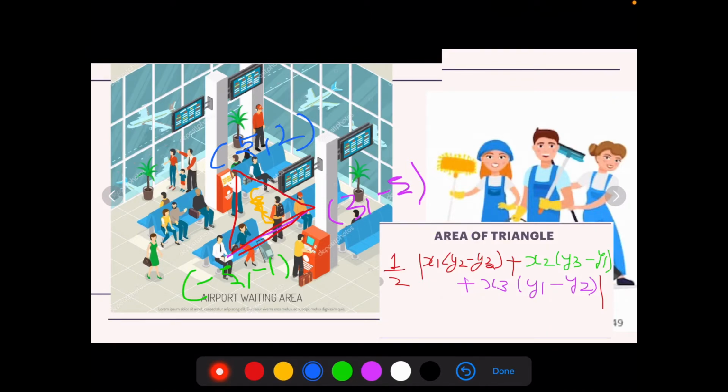Now let us name this triangle as triangle A, B and C. Coordinate geometry has provided a wonderful solution to find the area of a triangle with these coordinates. The formula is half times, oh alright, I forgot to explain what these two bar lines indicate. Well, it means modulus.